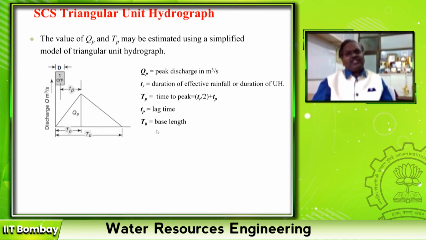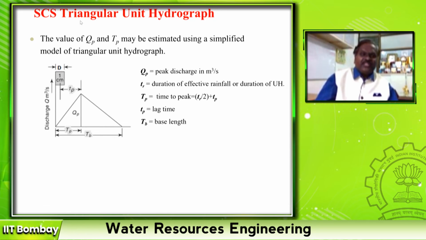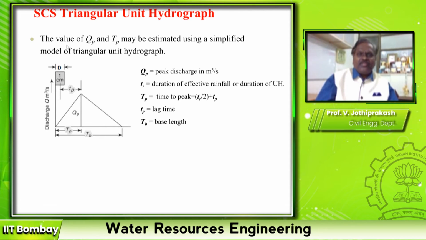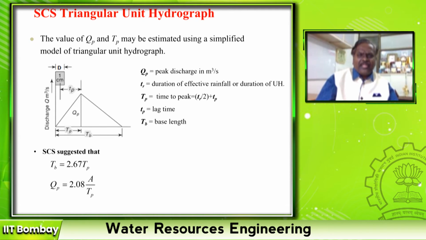Sometimes for calculation purposes, SCS has given the Soil Conservation Service triangular unit hydrograph. That means I don't bother about the in-between values. We will bother only about the peak values as well as time to peak. So the values of Qp and Tp may be estimated using a simplified triangular unit hydrograph. The time to peak is nothing but time of rainfall plus half of the duration of rainfall, right?